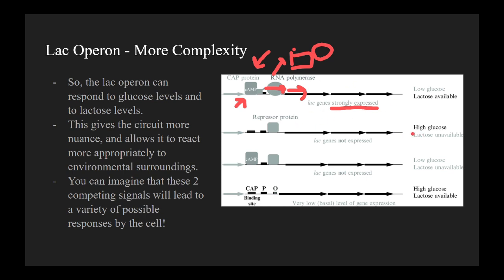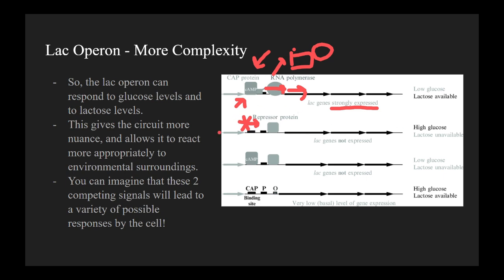Next, let's say there's high glucose, but there's no lactose. High glucose means that the cAMP concentration is low, which means that this CAP site is not bound by the CAP protein anymore. So there's no stimulation here, essentially. Then again, lactose is unavailable, so there's nothing bound to the repressor to make it come off of the operon, so the repressor is just sitting there in its default state.